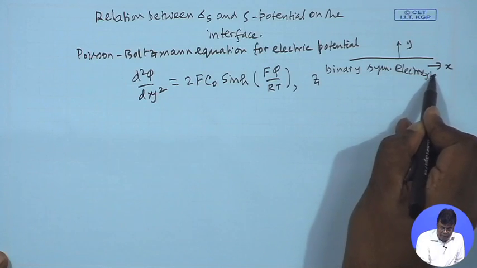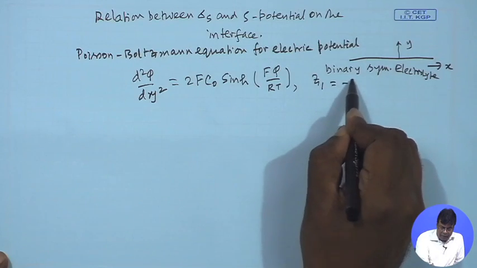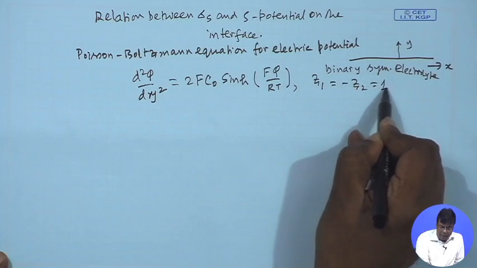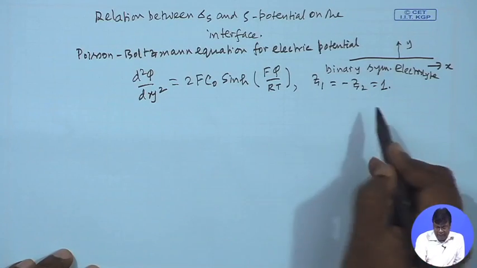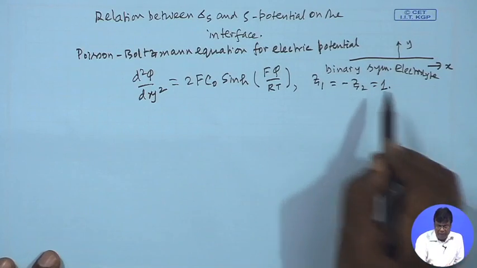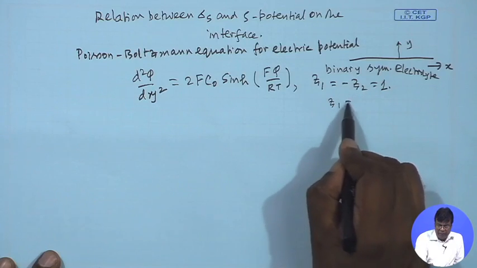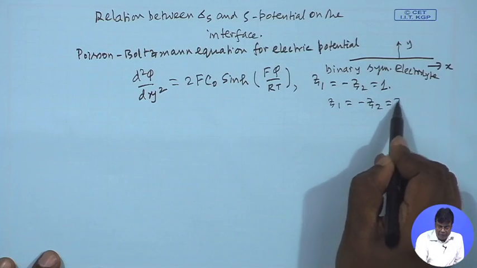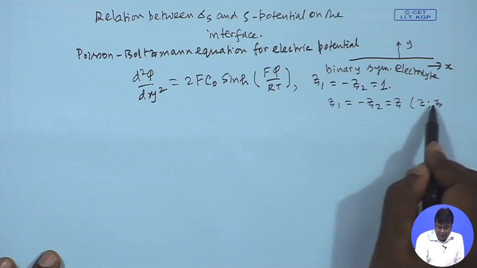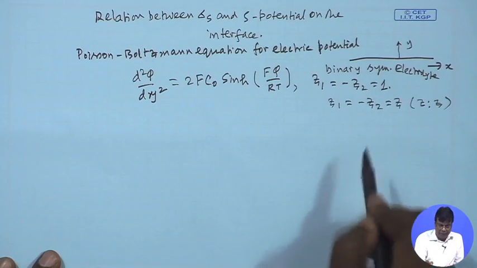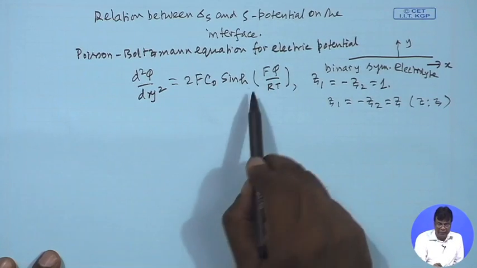monovalent also. So Z1 equal to minus Z2 equal to 1, but this is also valid if you have Z1 equal to Z2 equal to Z. That is a Z-Z electrolyte situation, where a Z will appear.